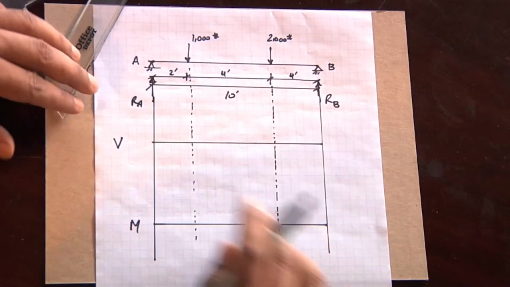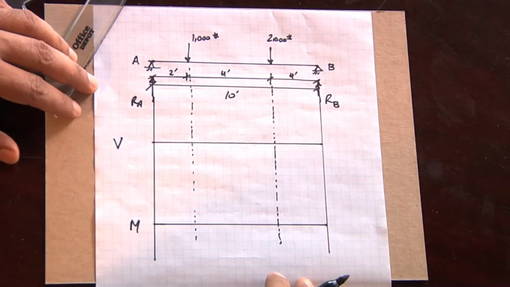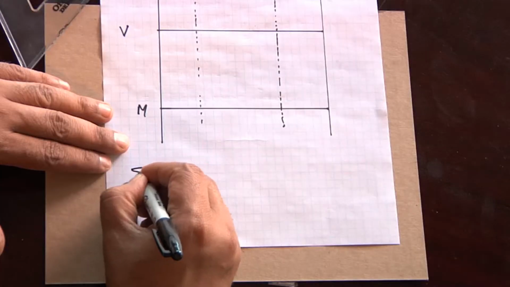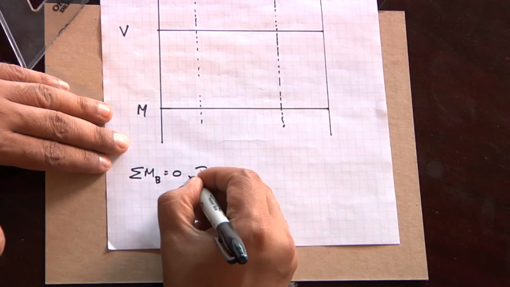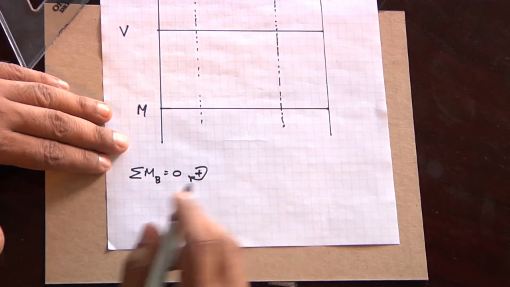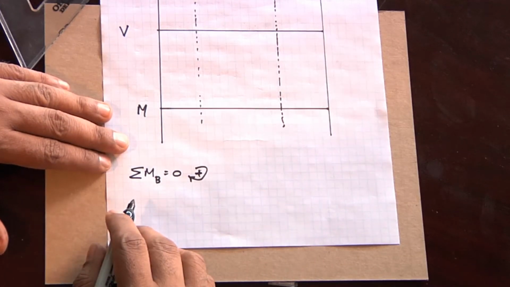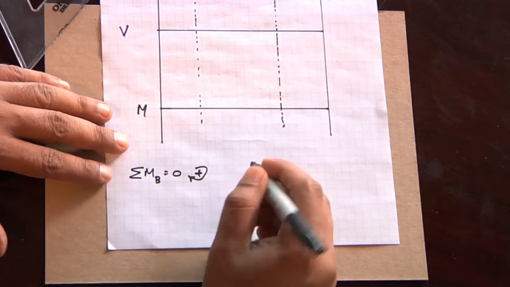And the first thing we've got to do is calculate the reactions. There are several ways to do that. In this case, I'm going to show you a couple of different ways. We'll first do the sum of the moments about point B, using clockwise positive.